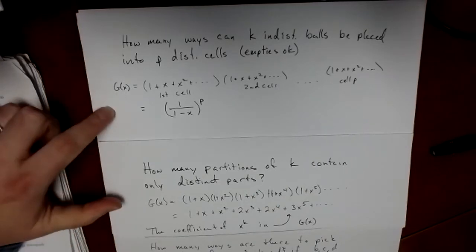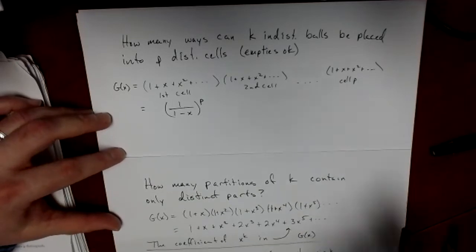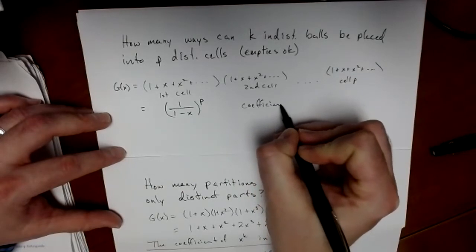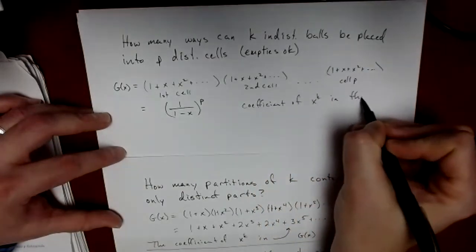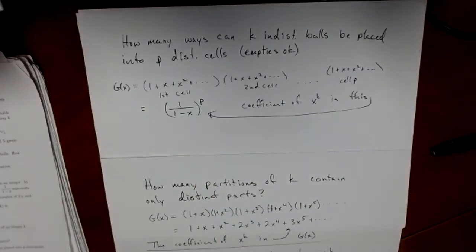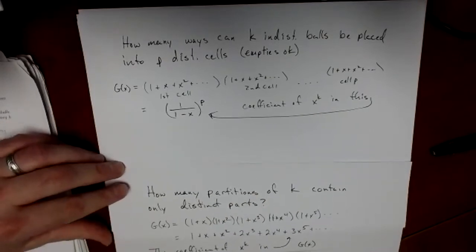So our generating function is 1 over 1 minus x to the p, and we're looking for the coefficient of x to the k in this. So the question is, what is that?